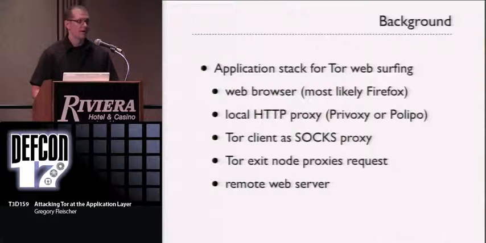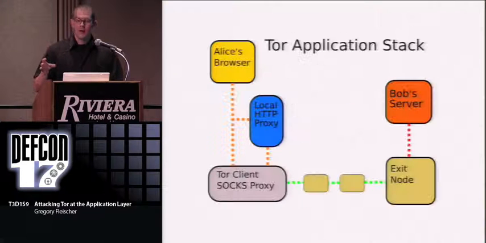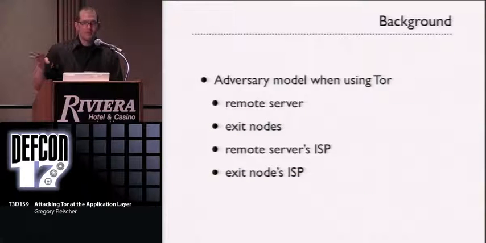You have the Tor client acting as a SOCKS proxy. And then you have a Tor exit node that is actually doing the proxy request on your behalf. And then you have a remote web server. So if we revisit our previous diagram, here's the application stack. You can see the browser, the local HTTP proxy, your SOCKS client, going through your exit node, and then onto the server.